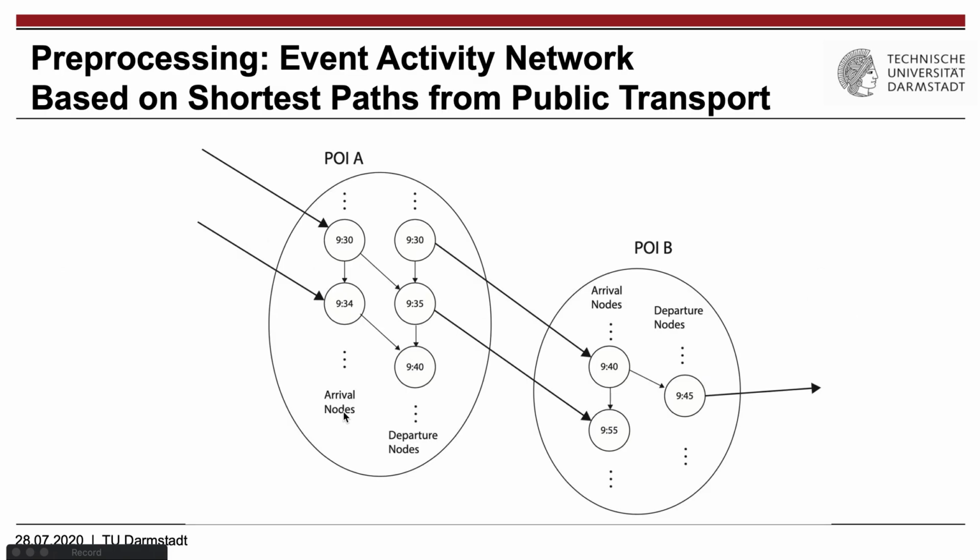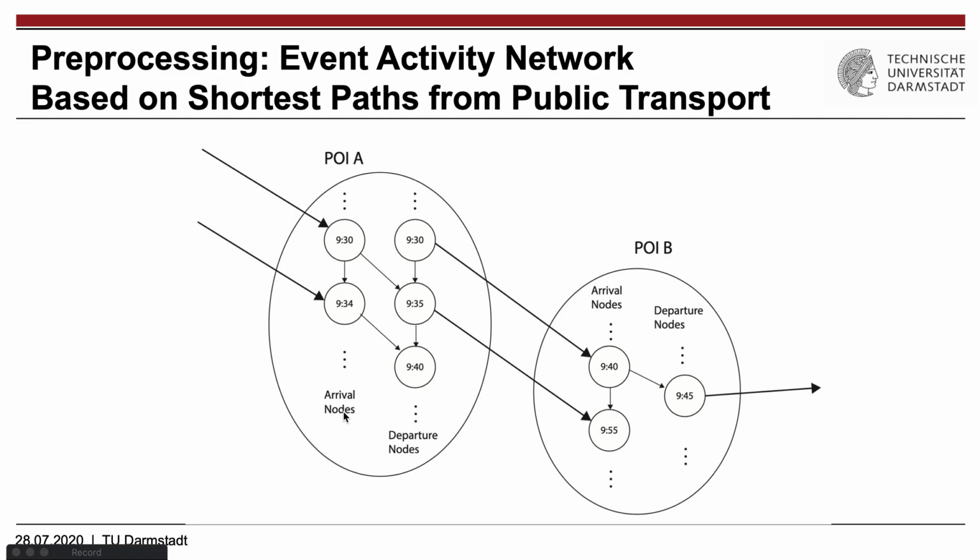So in our pre-processing, we choose a granularity and for this granularity we do a routing request from each point in time, from each POI to each other POI.